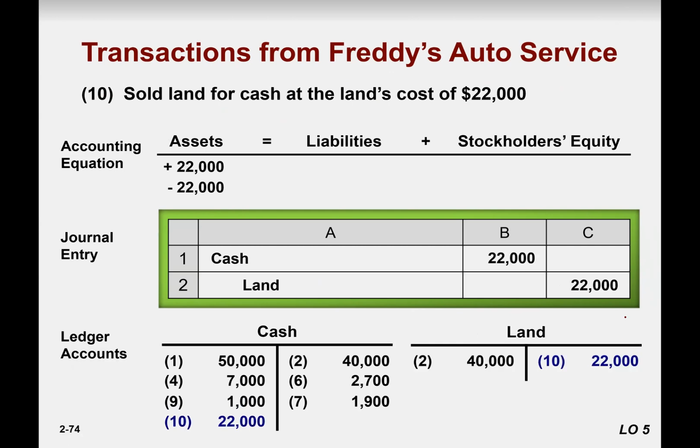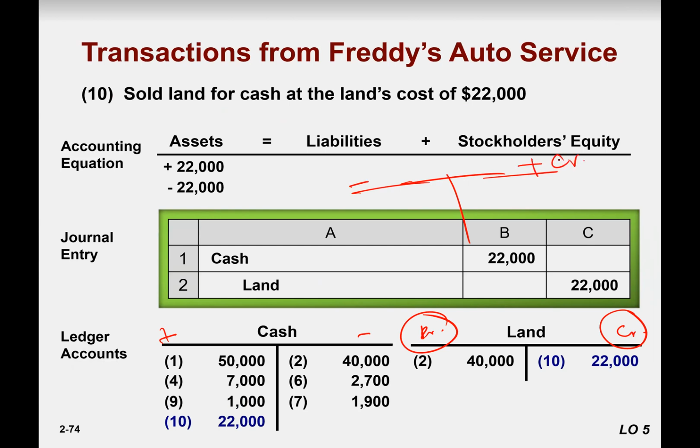Since land is credited, it would be written on the credit side. From now on, if I don't write credit here or debit here, you obviously know that the left hand side is debit, right hand side is credit. Or you can say this is the increase side, this is the decrease side of the asset account. On the liability side, this is the increase side, this is the decrease side.